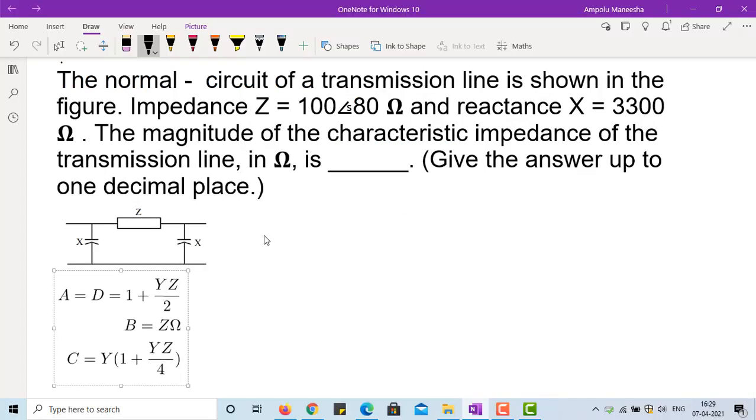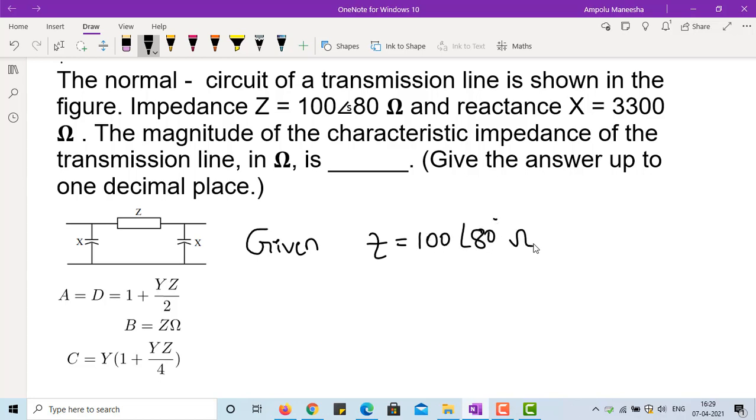Let us solve the problem. Given data: Z is equal to 100 at an angle 80 degrees ohms and X is equal to 3300 ohms. So what we have to find?